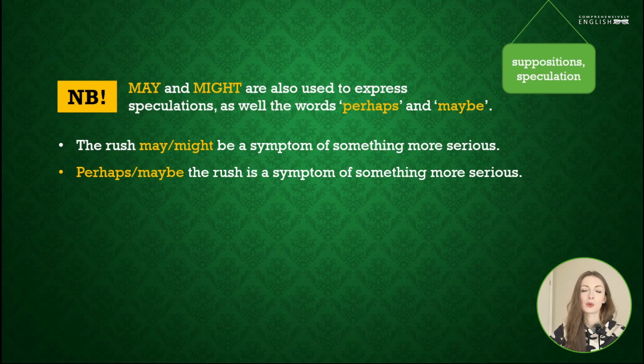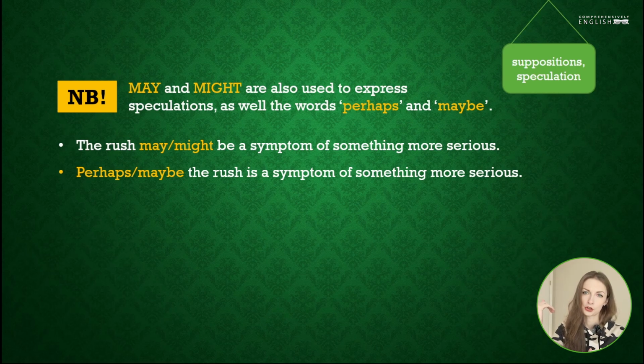May and might are weaker than can and could, and might is weaker than may. If you're almost sure that the rush is a symptom of something, you would say the rush must be a symptom of something serious. If you are not that sure, you would say the rush can or could be the symptom of something.